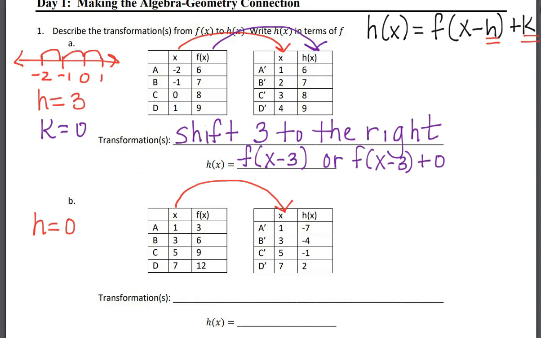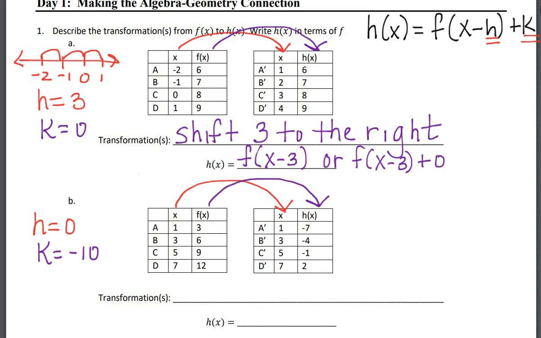When we look at our k value, we're going from 3 and we're going down to -7. So looking at a number line, that means that we went down 10. And because we're going down, because if we look, our y values are getting smaller, that would be a -10.